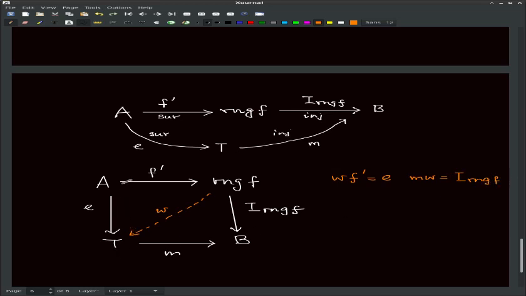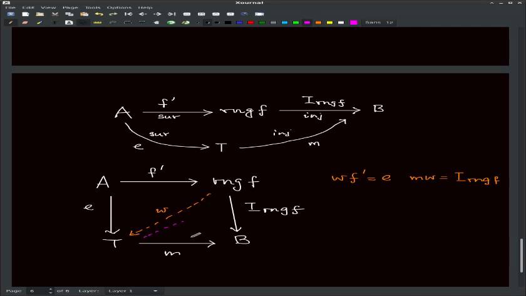But observe again, if you rotate this diagram again so that this becomes the top and this becomes the bottom, then again the top is a surjection, the bottom is an injection. So your lemma says again that there is another map like this.